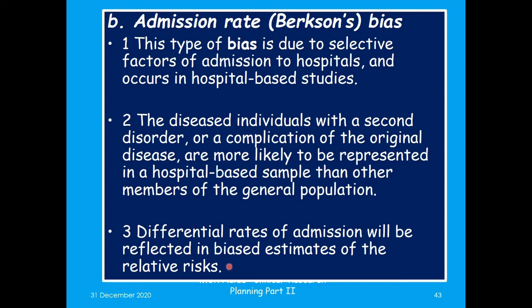For example, a patient may not like to go to an infectious disease hospital for a particular treatment because there is a high risk of increased infection. So these types of bias may lead to what is known as admission rate bias, and one should be very careful in collecting information on these.